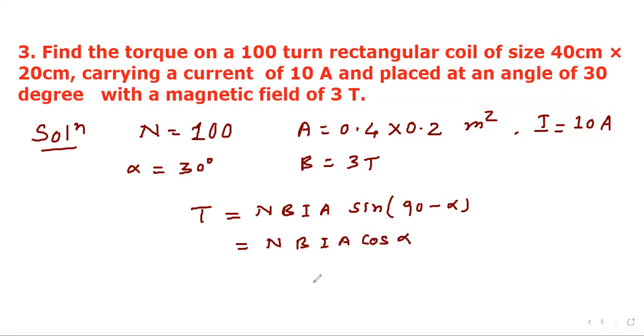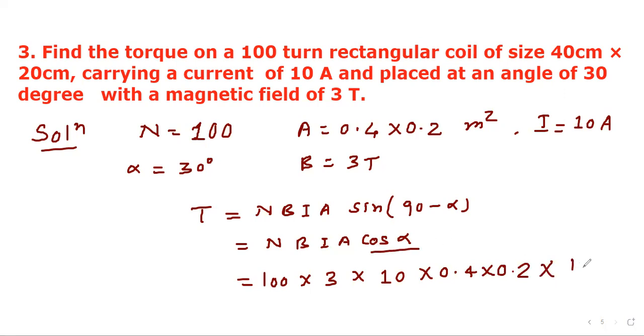So we put the values. It will become number of turns 100, into magnetic field 3, into current 10, into area 0.4 into 0.2, times cos 60 degree, that is 1 by 2. So if we evaluate, it will come out to be 120 Newton meter, which is our answer.